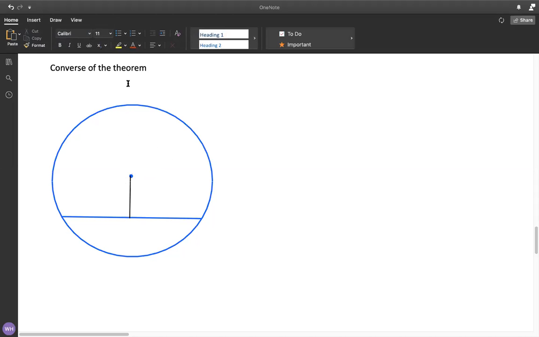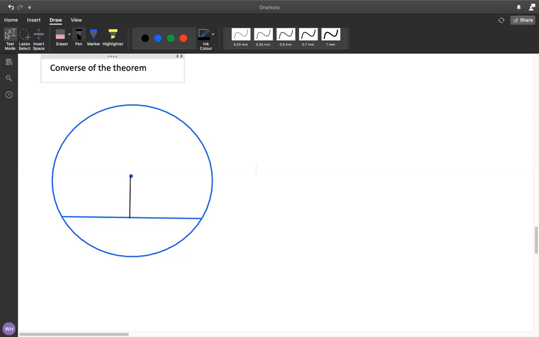Now in the converse, it goes the other way around. If you have a line joining the chord and the center, and it meets the chord perpendicularly, then the chord is getting bisected. So the converse is like this.